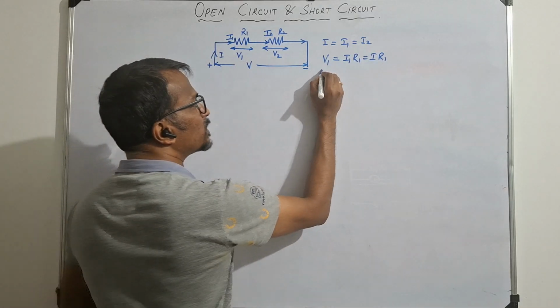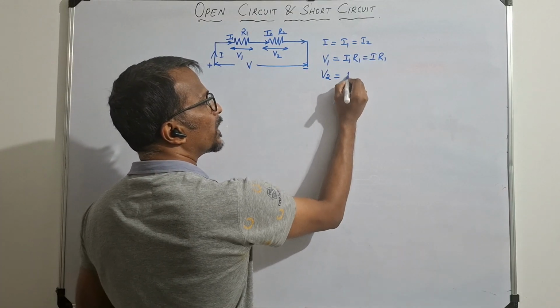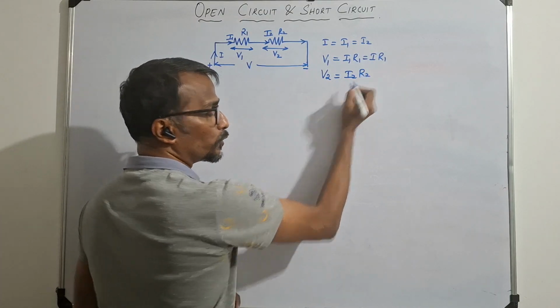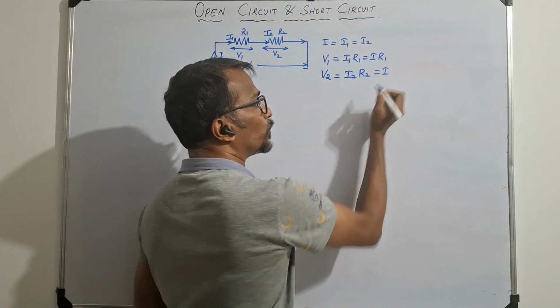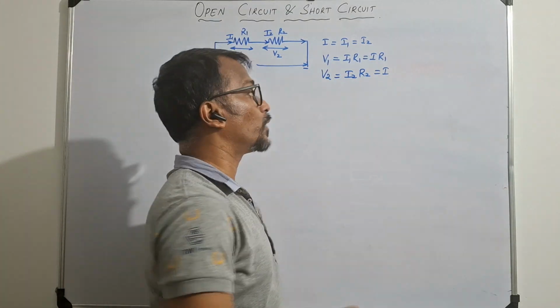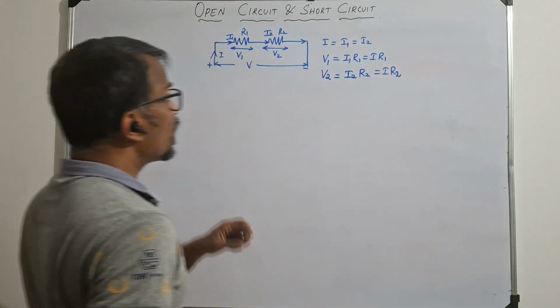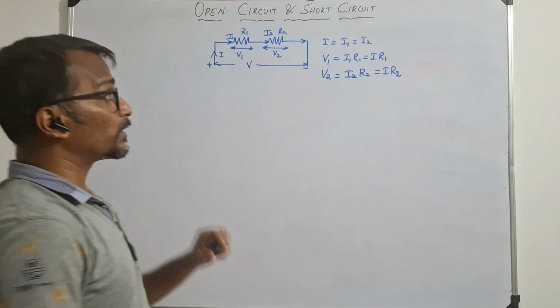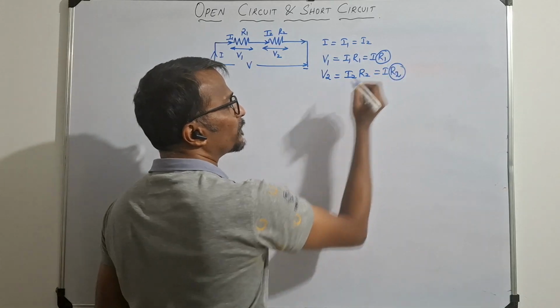Similarly, the voltage drop across the resistance R2 is I2 into R2. Already we know I2 is equal to I1, equal to I. Therefore, I into R2.